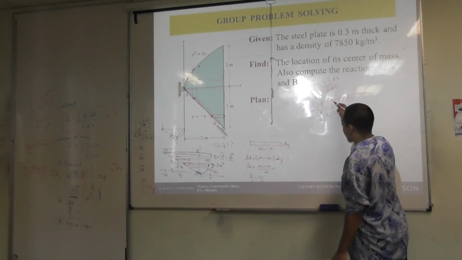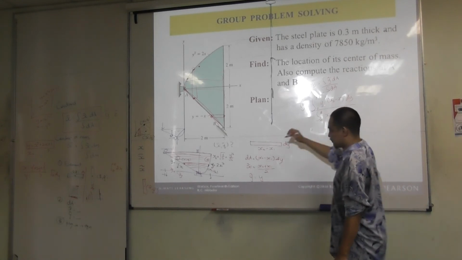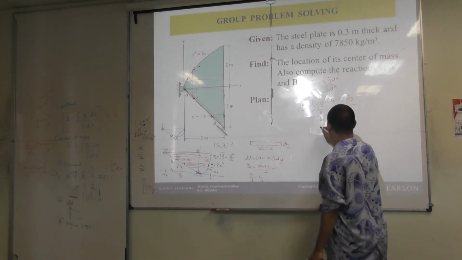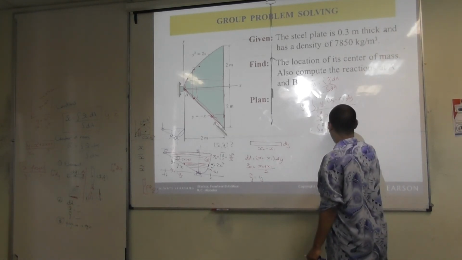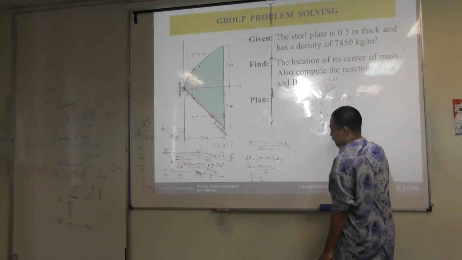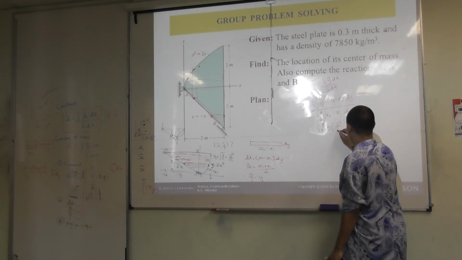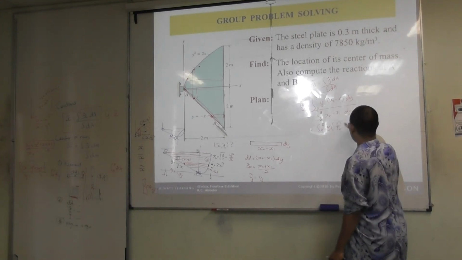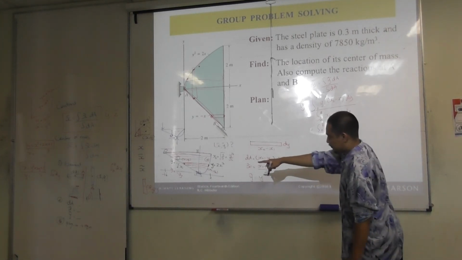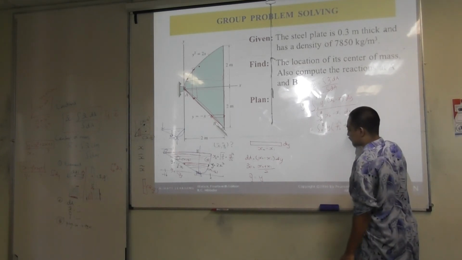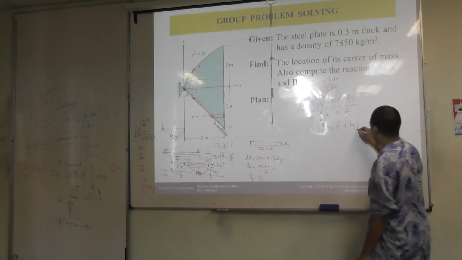So x2 is, if we do one by one, y to the power of half over square root of 2, and then minus x1, which is minus minus 2y, so it becomes plus 2y.